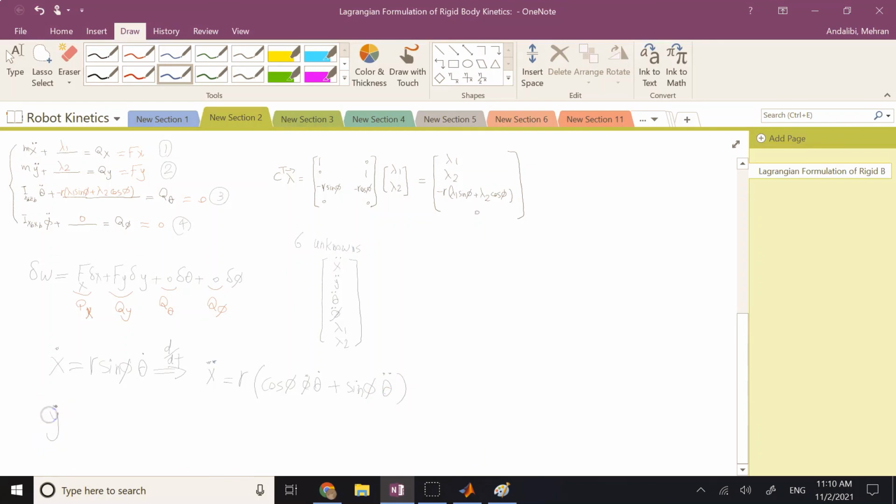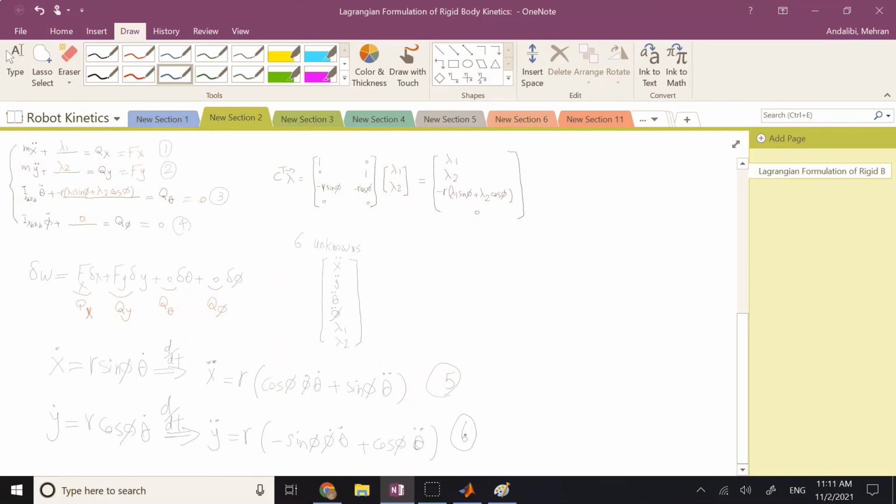And then similarly for the y dot term, take another time derivative, and that makes y double dot to be r times negative sine of phi, phi dot theta dot, and then plus cosine of phi times theta double dot. And these are my equations 5 and 6.